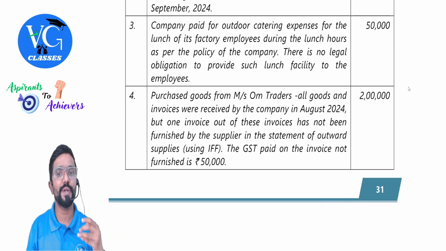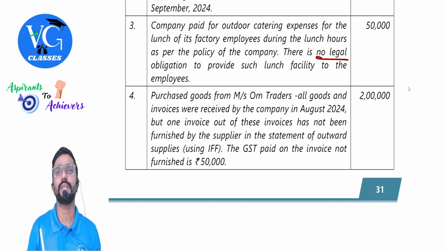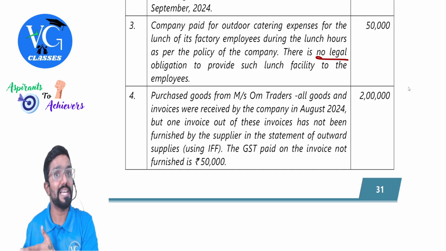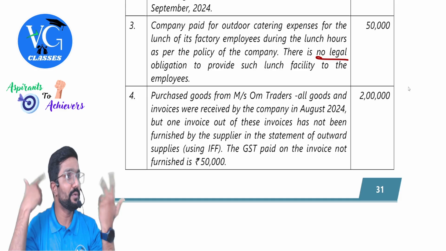Company paid for outdoor catering expenses for lunch of its factory employees during the lunch hours. As per the policy of the company, there is no legal obligation to provide such lunch facility to the employees. Guys, this is blocked under section 17(5). If it was an obligation for the employer to provide lunch as per any law, then credit would have been allowed.